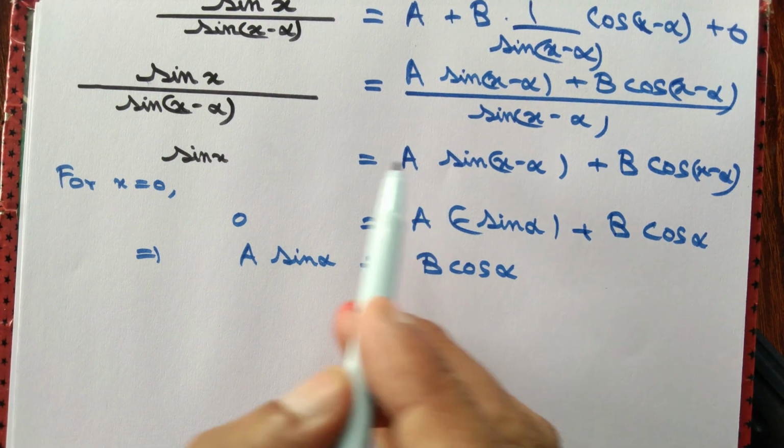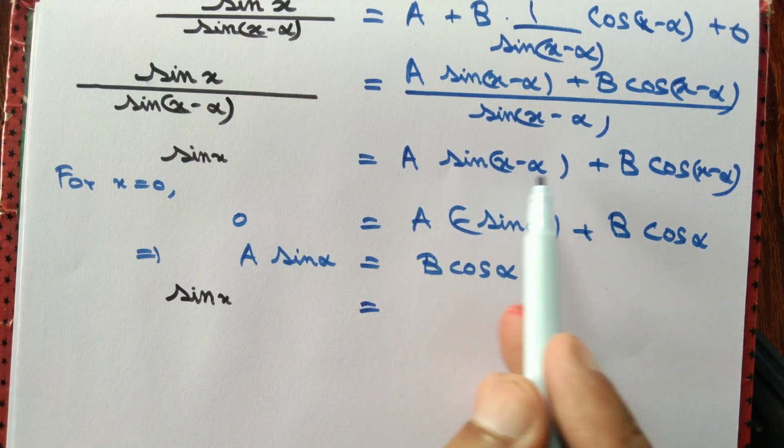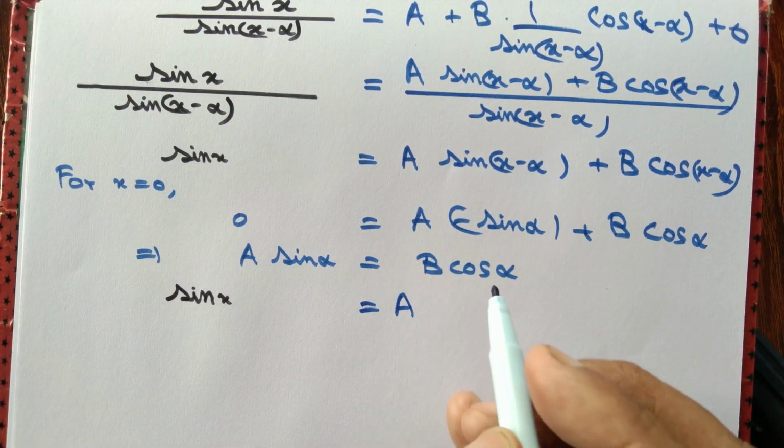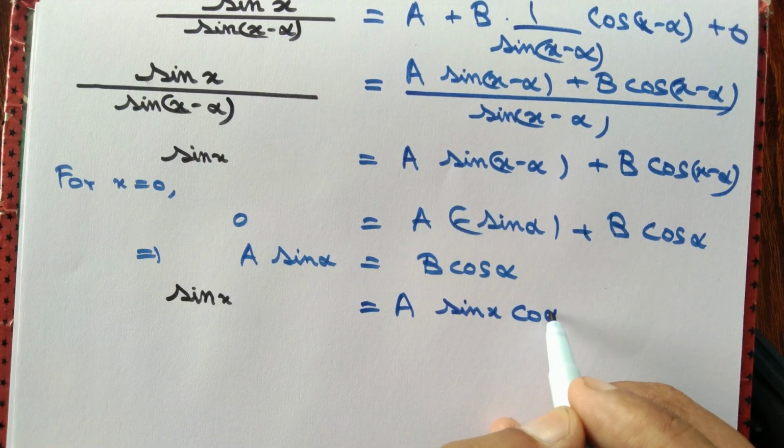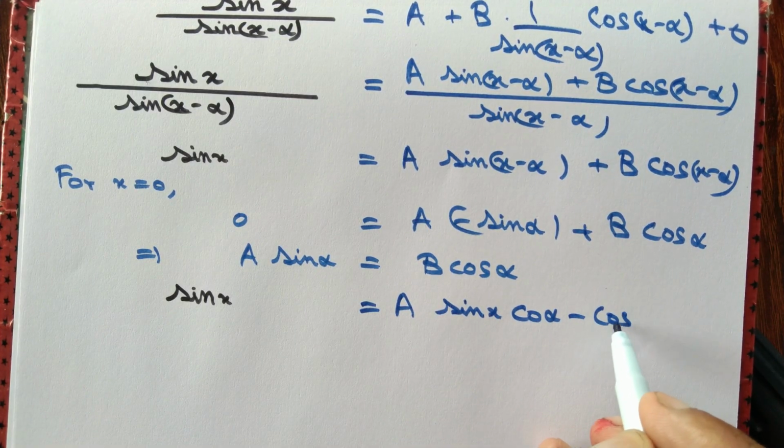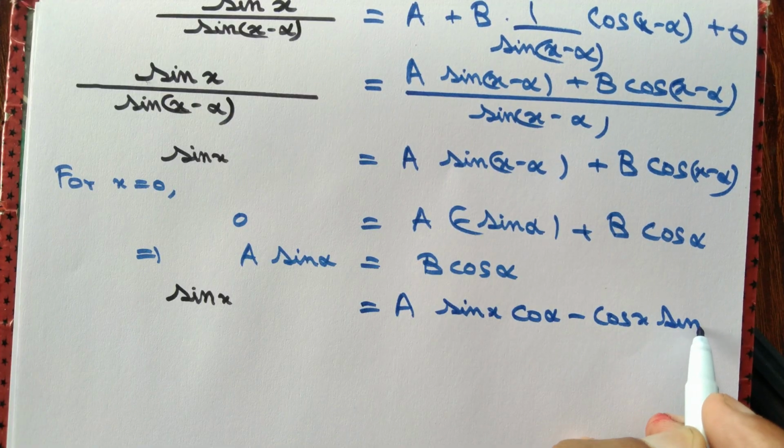So what we do is we simply consider this equation. We expand the right hand side. We know that sine of a minus b equals sine a cos b minus cos a sine b.